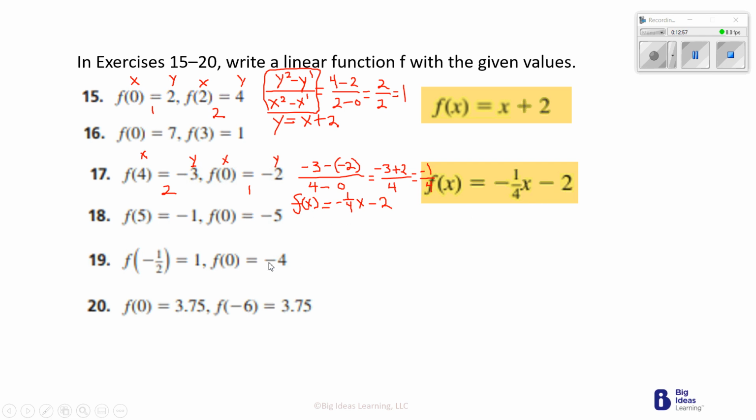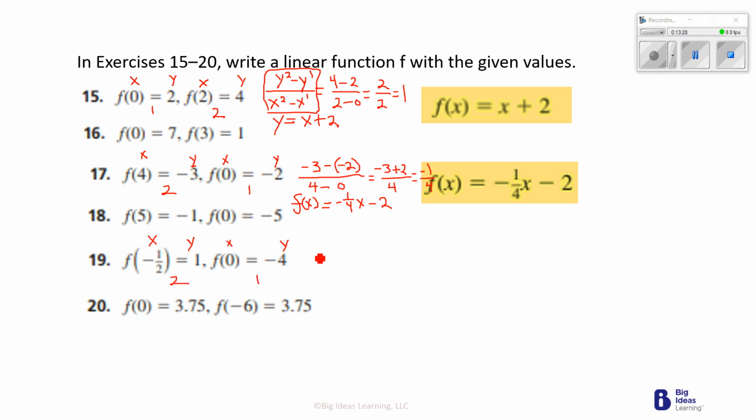All right. Let's see, 18 is yours to do. That means I'll be doing number 19. Once again, I'm going to make this my x, this my y. I'll make this one my 1, this one my 2 and this one my 1.